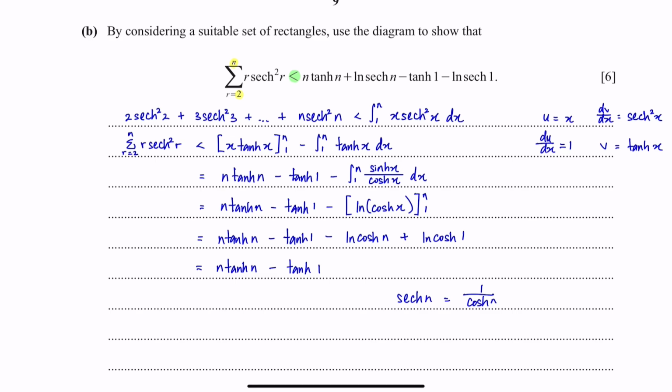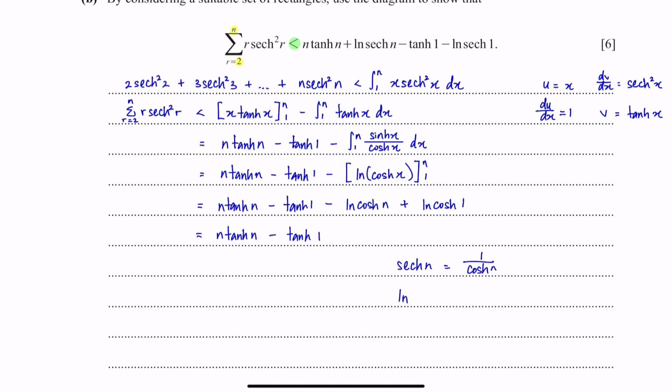And for ln, if we have this, we can move the negative 1 to the front to get a minus ln sec n, right? So because of this, we would get a plus ln sec n minus ln sec 1.